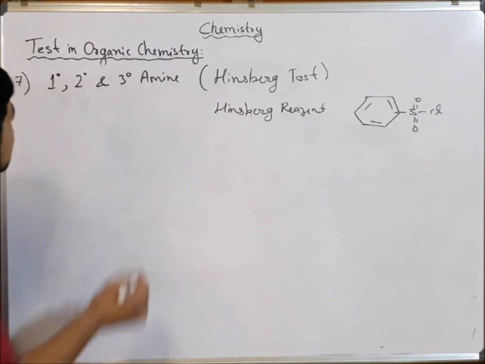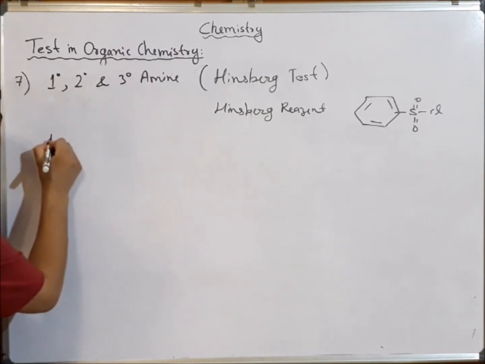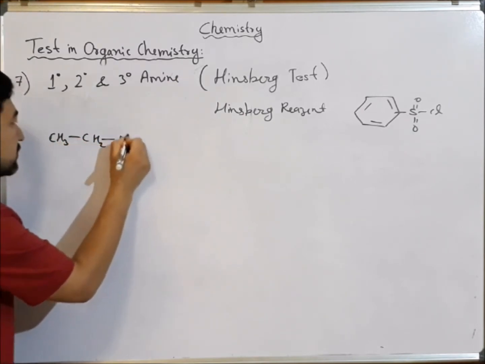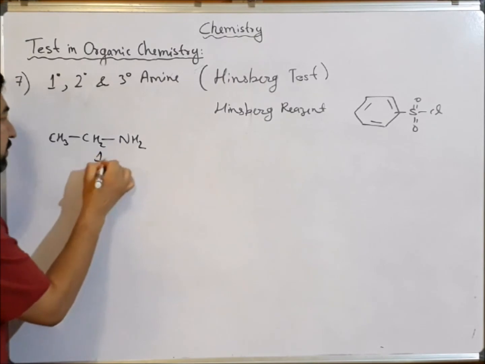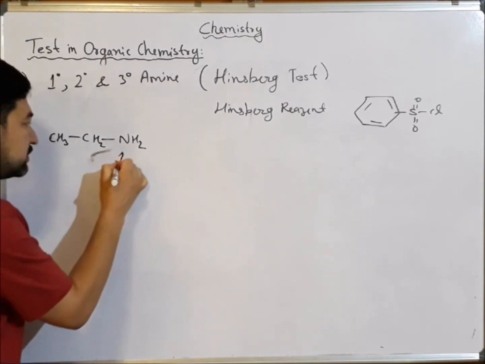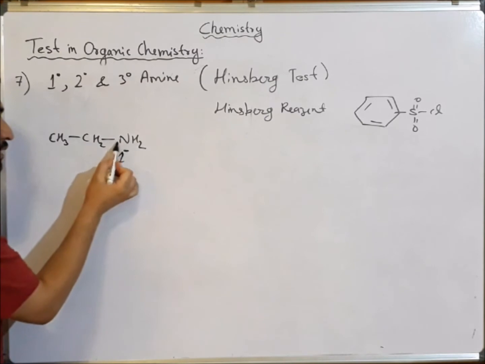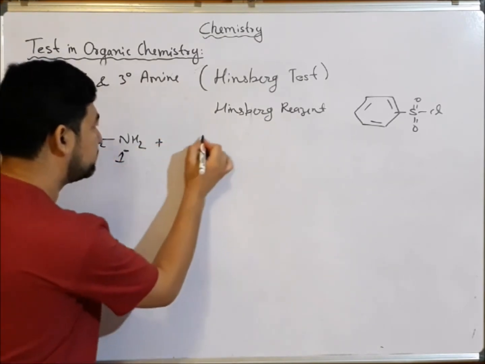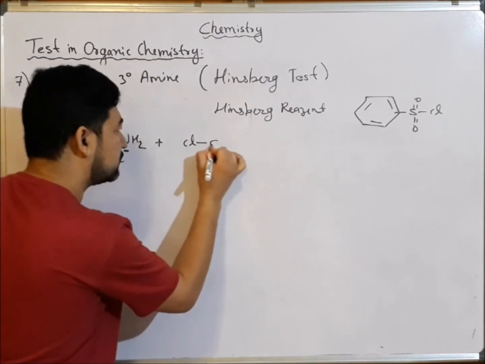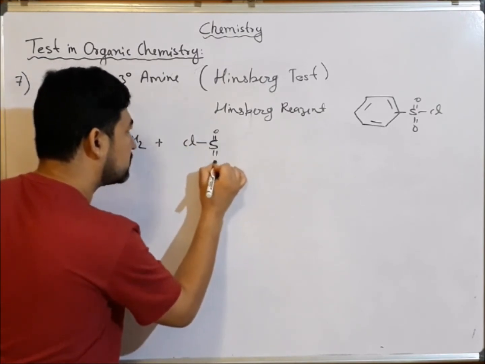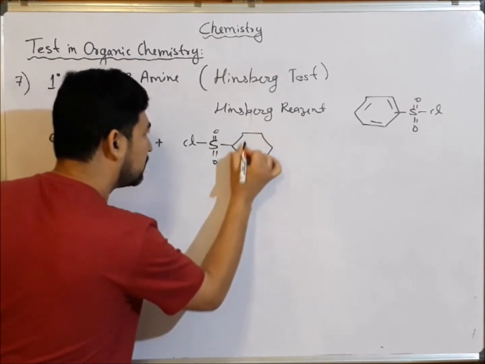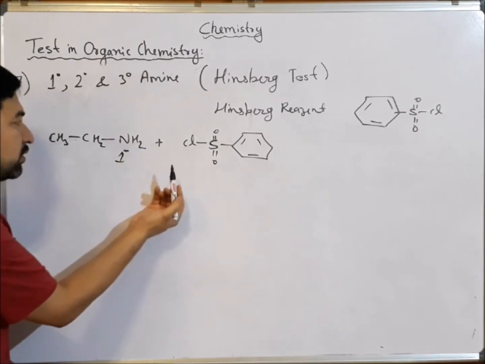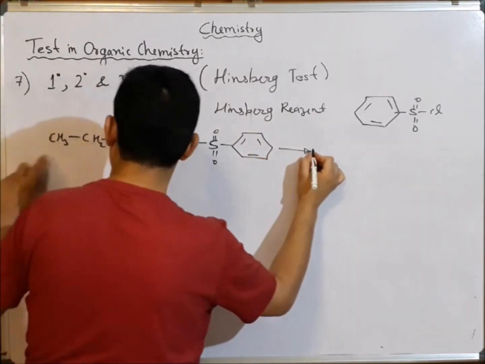The reaction is like this. This is our primary amine. Primary means nitrogen has a single branch. When it reacts with Hinsberg reagent, H will come out from here and Cl will come out here, and they will add up.